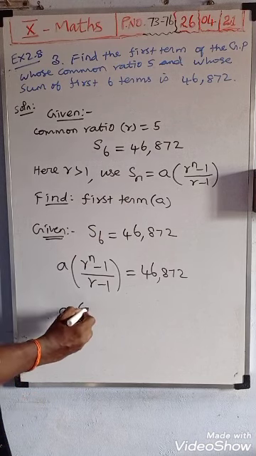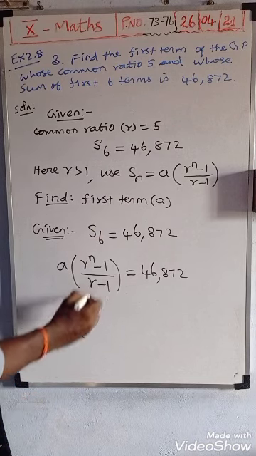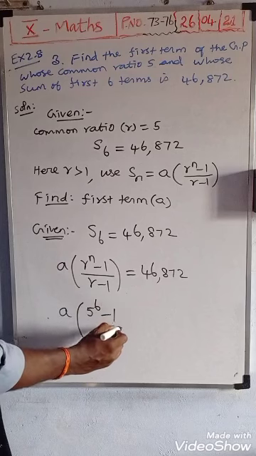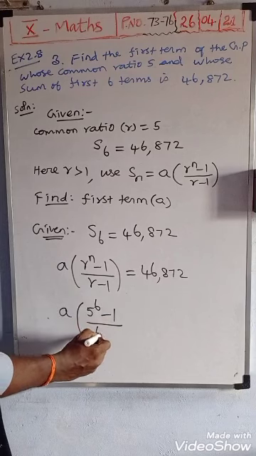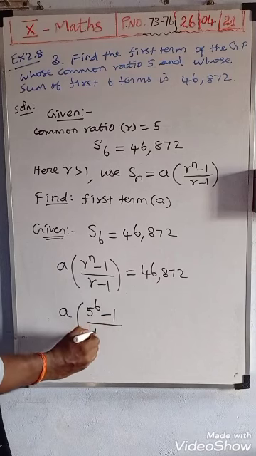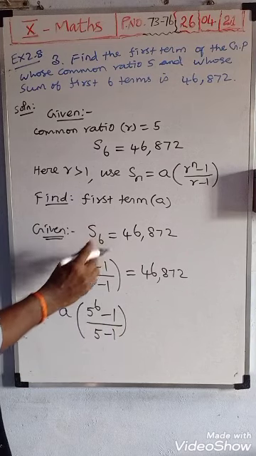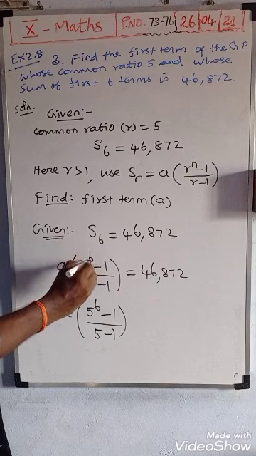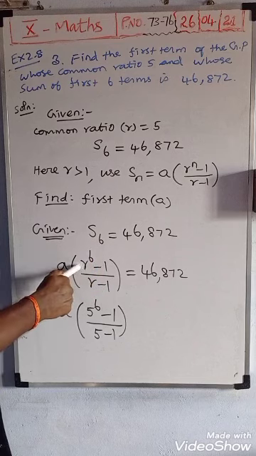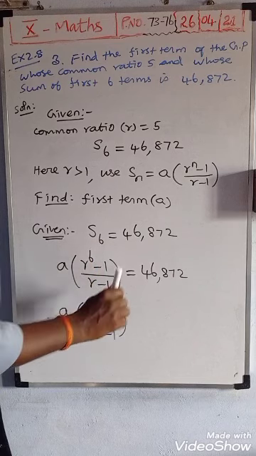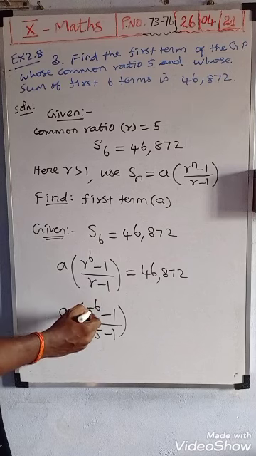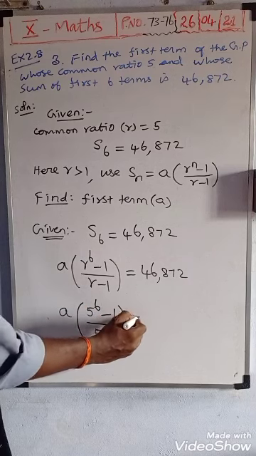R is 5 and n is 6, so carefully substitute: A(5^6 − 1)/(5 − 1) = 46,872.